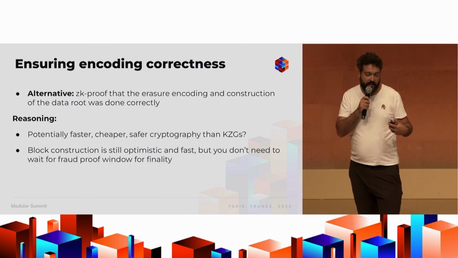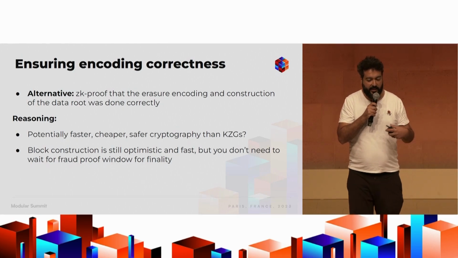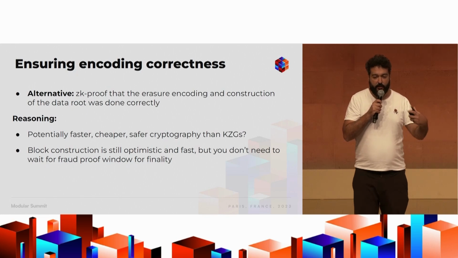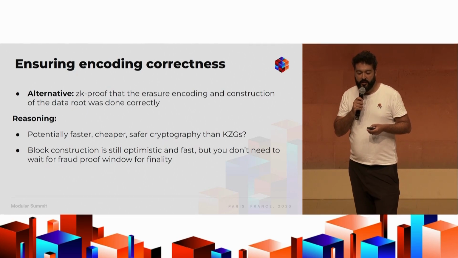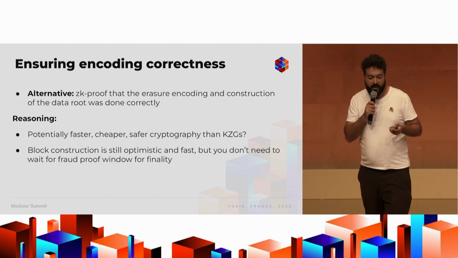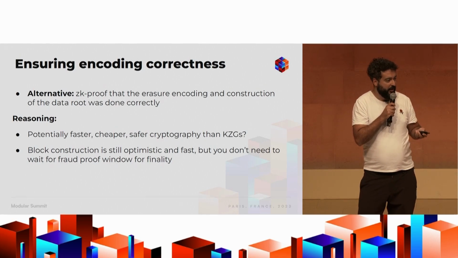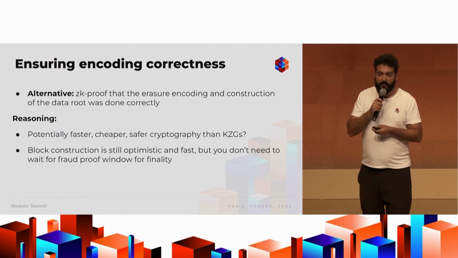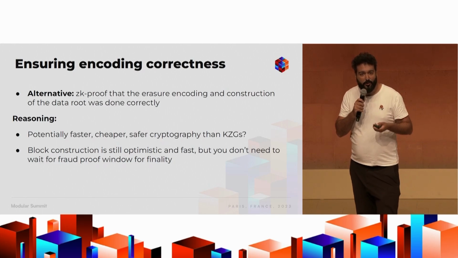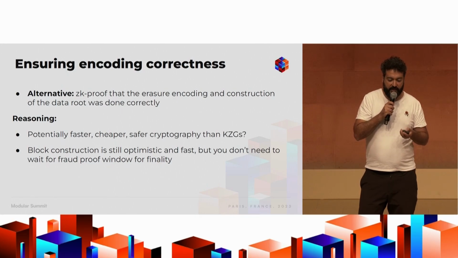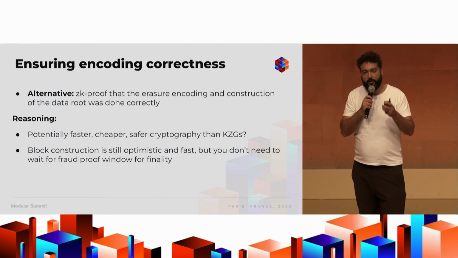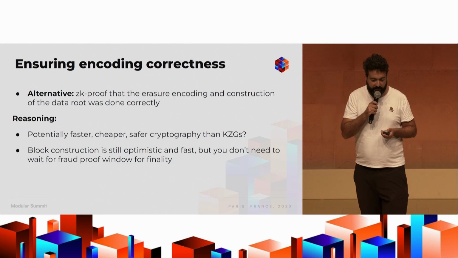So you can still compute the data root quickly as before and send around the proof if necessary, if you require finality, right? So that's a research direction. If anyone is into ZK proofs, this is something you could look at. And I will later share a research forum link and the GitHub link.